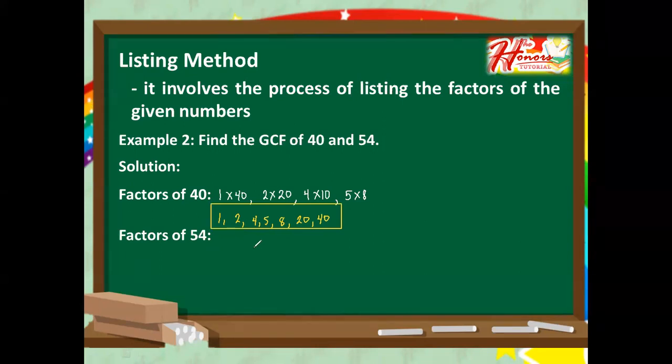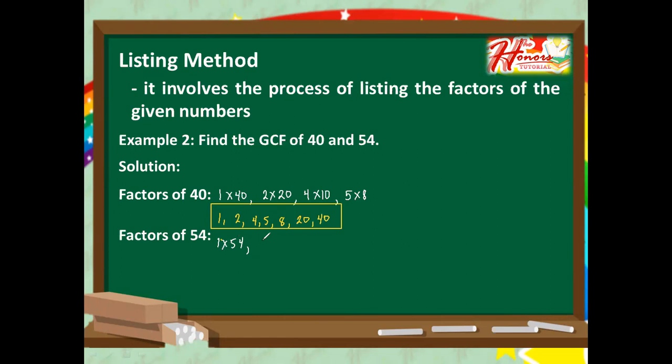Let's have 54. Always start with 1. Don't forget about that. So if we start with 1, we will be having 1 times 54, because 1 times 54 is 54. Next, how about 2? 2 is possible.